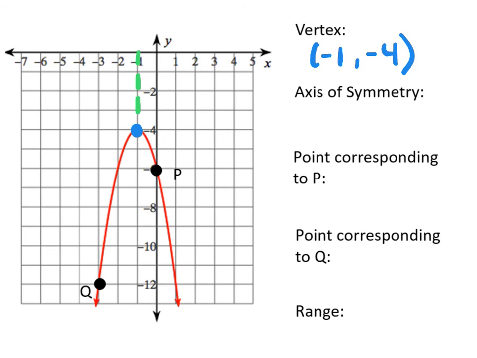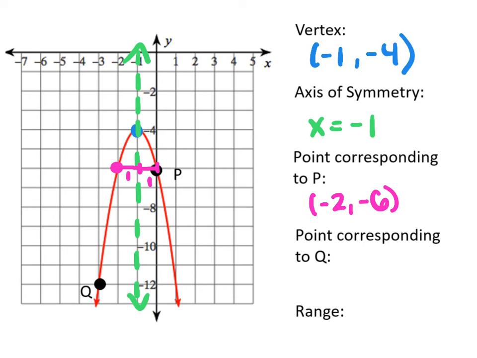So I can draw in the axis of symmetry, and the equation would be x equals -1. Now the point corresponding to P, to get from P to the axis of symmetry, I have to move over 1. So if I move over 1 on the other side, I get my corresponding point of -2, -6.